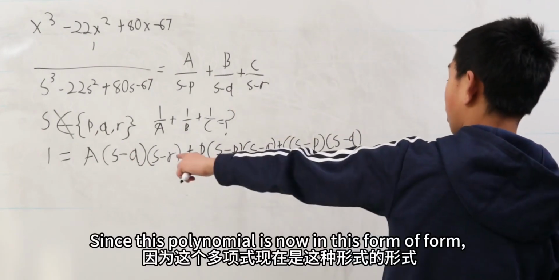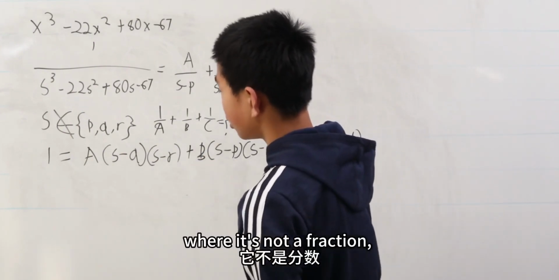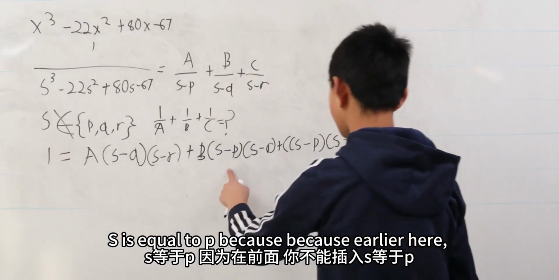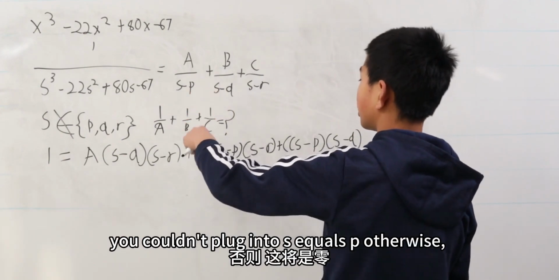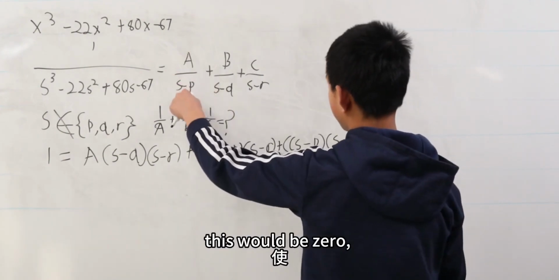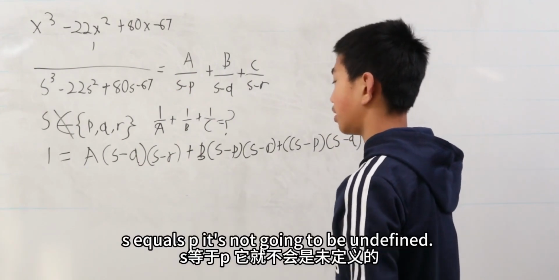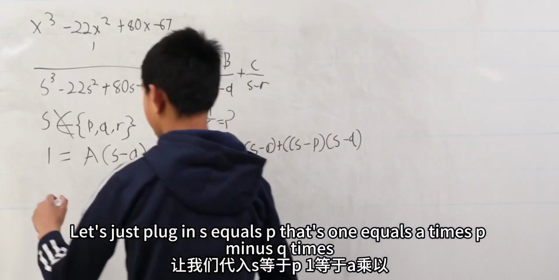Since this is now in a form where it's not a fraction, we can plug in s equals p. Earlier, you couldn't plug in s equals p, otherwise the denominator would be 0, making it undefined. But now if you plug in s equals p, it's not going to be undefined. So let's plug in s equals p.